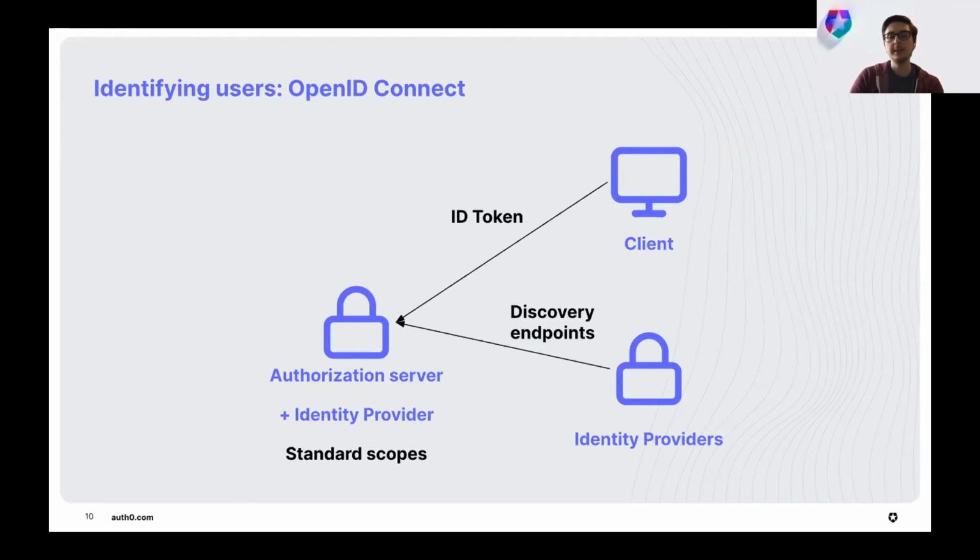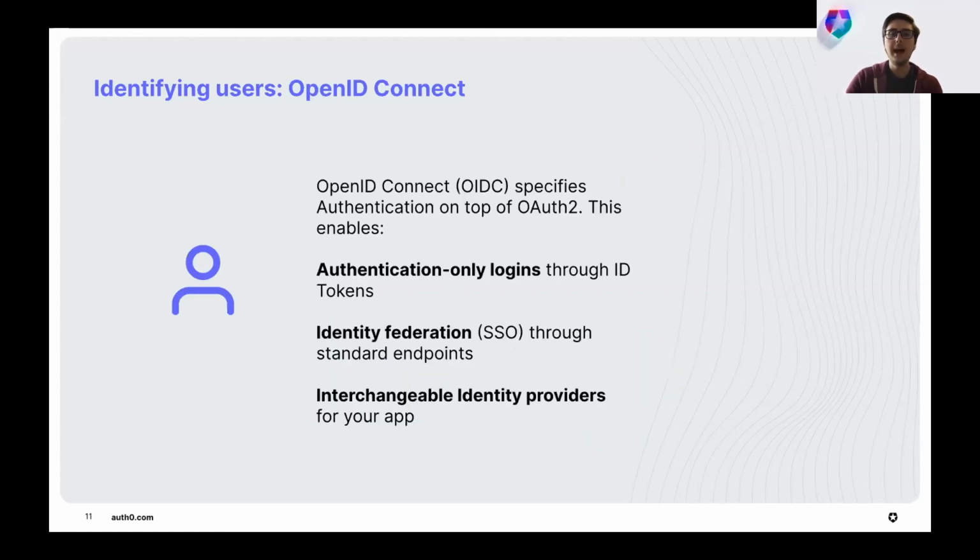What OpenID Connect does is it started bringing an ID token as well. So you will get back information about who that user actually is, what's their email address, their name, their profile. These are all things that OpenID Connect specifies on top of OAuth2, and that enables a lot more things.